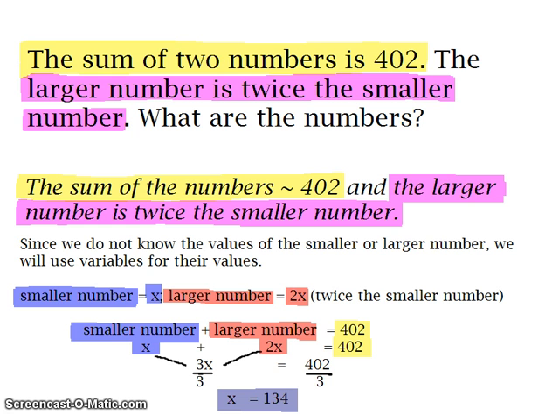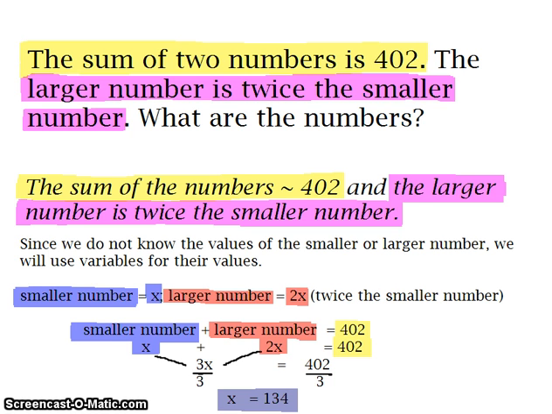134. Let's go over that again. First, we substituted in the value of our variables. The smaller number is equal to x, and the larger number is equal to 2x. Since x and 2x have the same variable and the same exponent, we can combine them. We have x plus 2x is equal to 3x, and that is equal to 402.